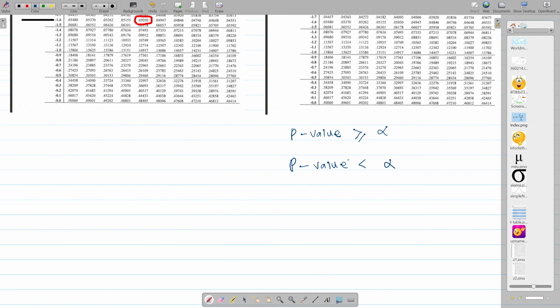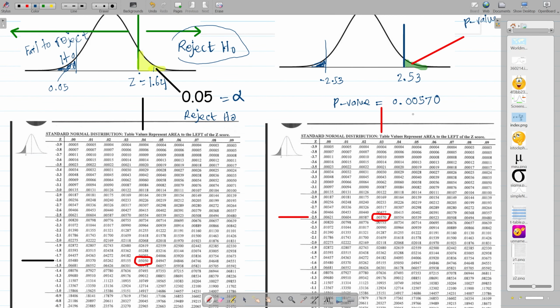Now, how can we get the decision using p-value? We have to compare the p-value with alpha. There are two cases: p-value greater than or equal to alpha, and p-value less than alpha. If p-value is greater than or equal to alpha, we fail to reject null hypothesis. If p-value is less than alpha, we reject null hypothesis. Now our p-value is 0.0057 and our alpha is 0.05, which is greater than that.